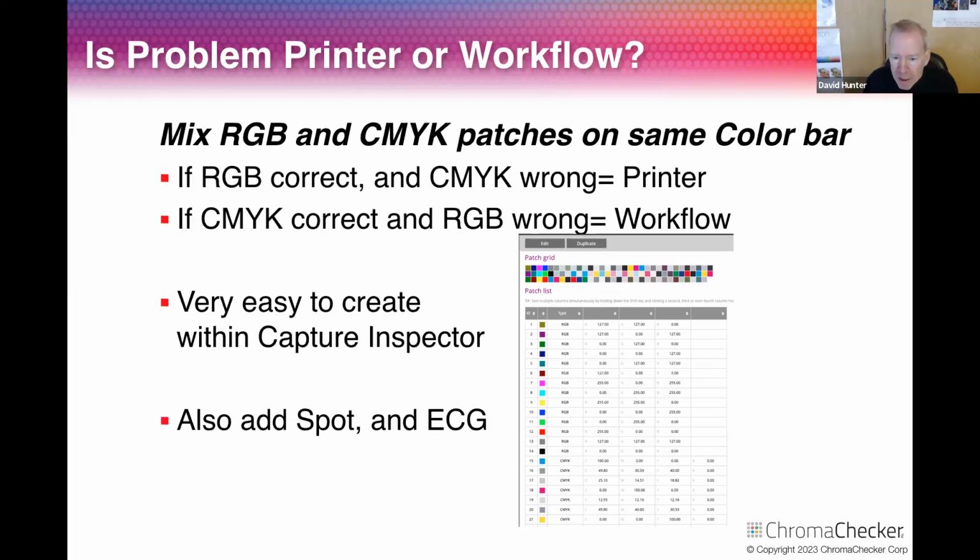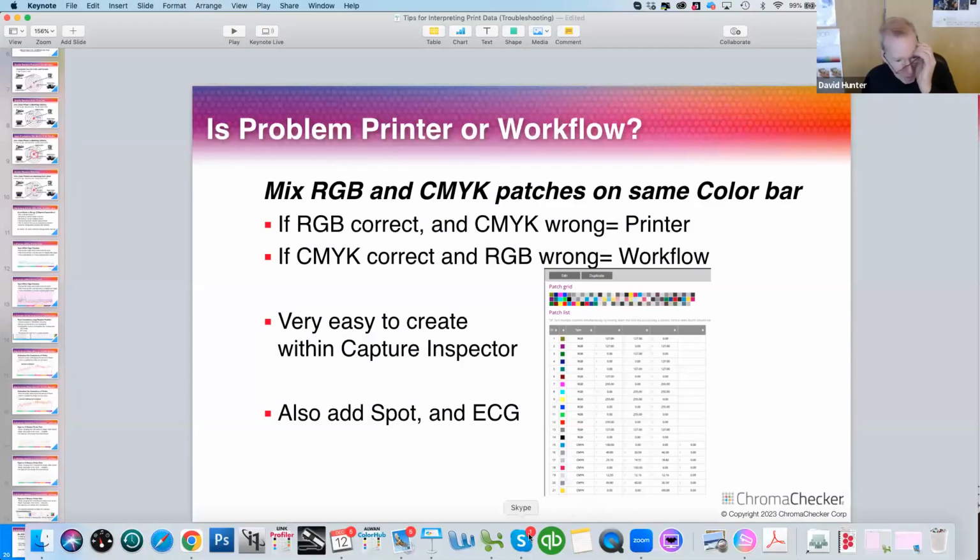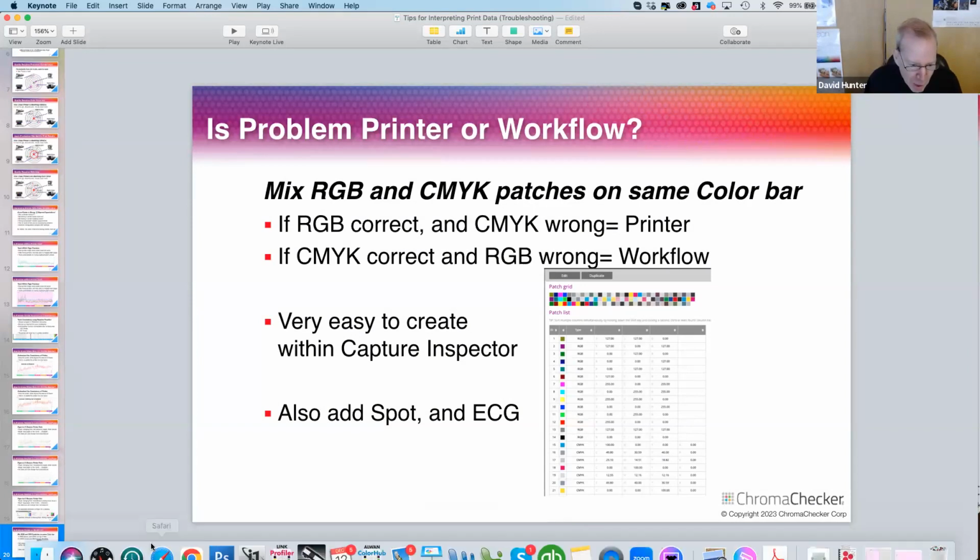So within the Capture Inspector, you see I have a screenshot here. The first 15 patches that are shown on this list are different combinations of RGB to a given reference, such as sRGB, that I set up within the ChromaChecker track. So within the ChromaChecker track, in fact, it's just as fast for me to show you this versus talk you through it.